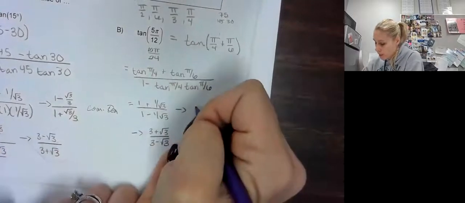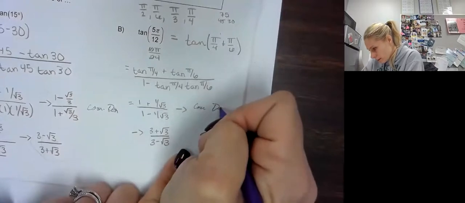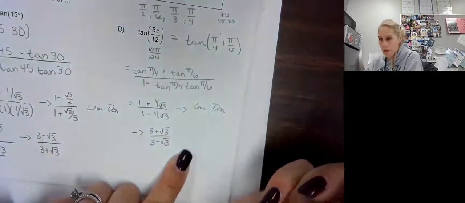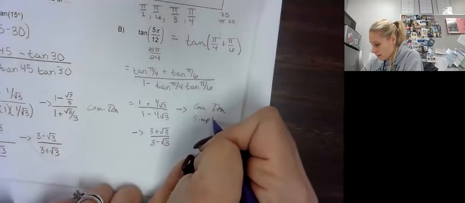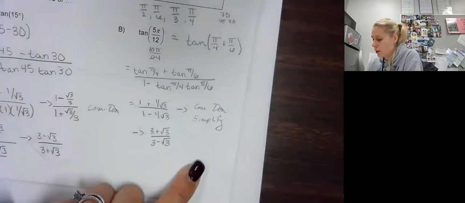By the way, I skipped a bunch of steps because I went through the common denominator, square root of 3 over 3 stuff, and also did my simplifying. And got 3 plus square root of 3 over 3 minus square root of 3.